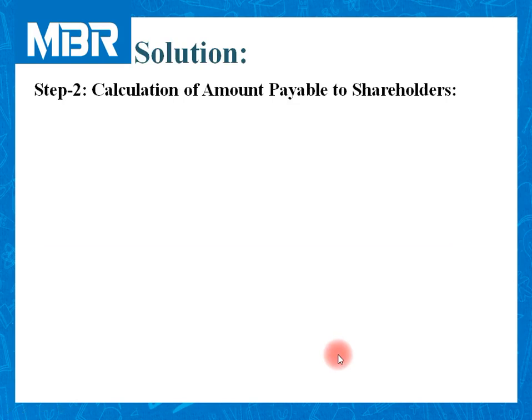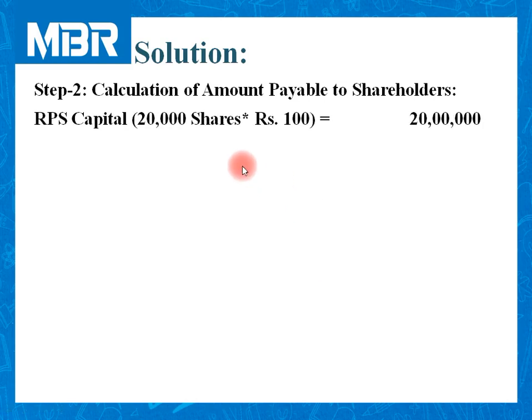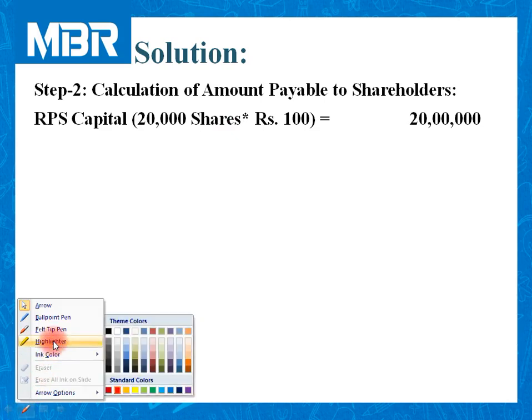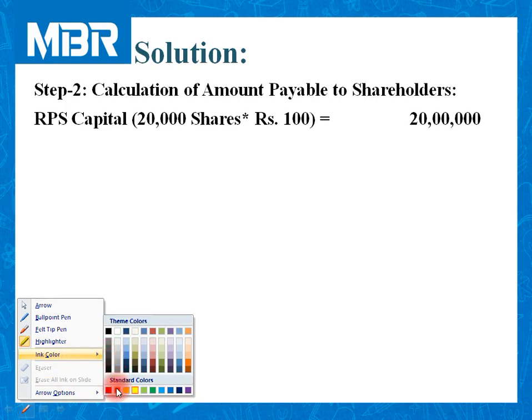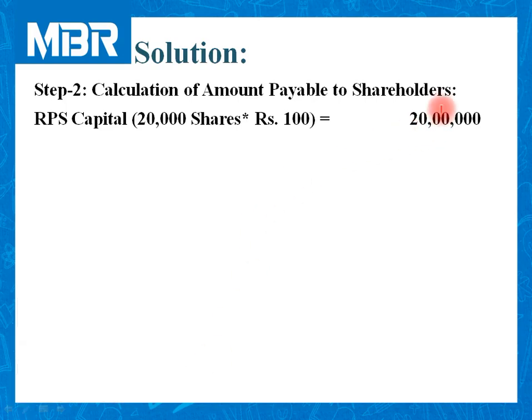Let us enter into the second step of the process. Second step is all about calculation of amount payable to shareholders. RPS capital: 20,000 shares are there. Face value per share is rupees 100. So 20,000 shares multiplied by 100 rupees each.